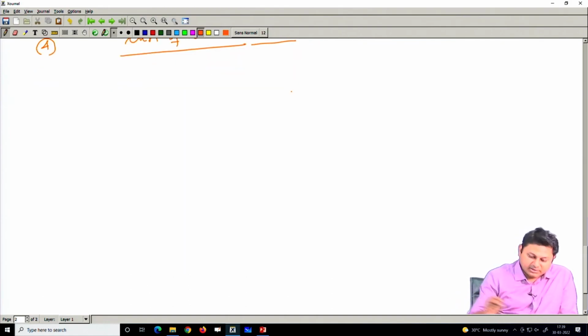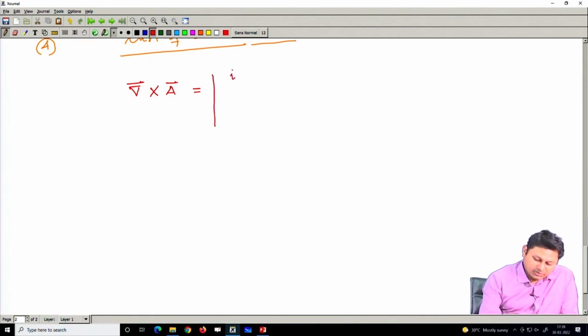So, how do I calculate the curl of a vector field? This is my operator. Now, instead of having divergence, I am taking curl, that means I am making a cross product which results in this.